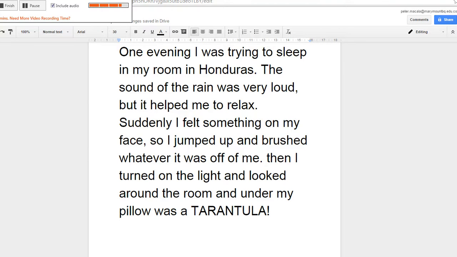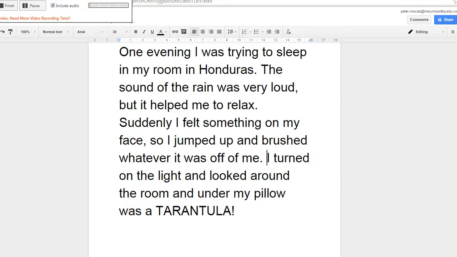I turned on the light and looked around the room, and under my pillow was a tarantula. Okay. I've got three things there. I turned on the light, I looked around the room, under my pillow was a tarantula. I think I'm going to start a sentence, I get rid of these words, then turn on the light, that's a sentence. I'm going to combine it with this second part here, so I'm going to use a comma, and looked around the room.